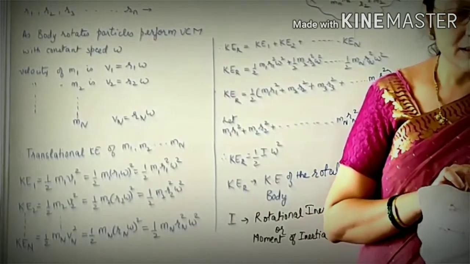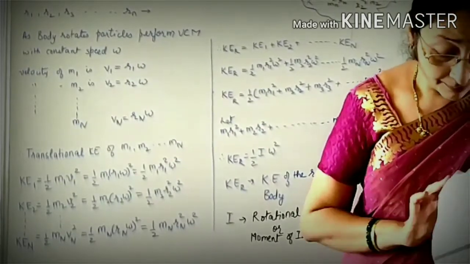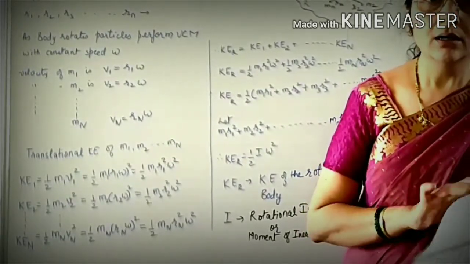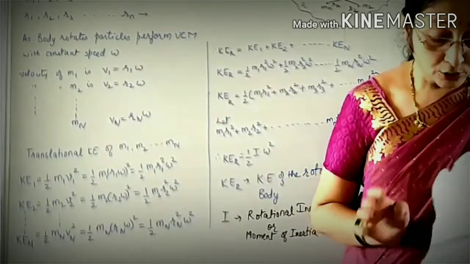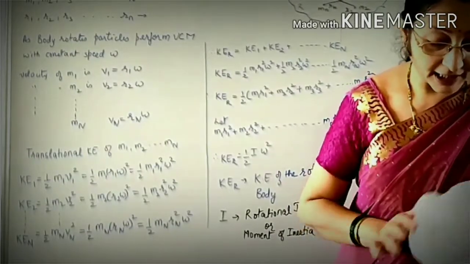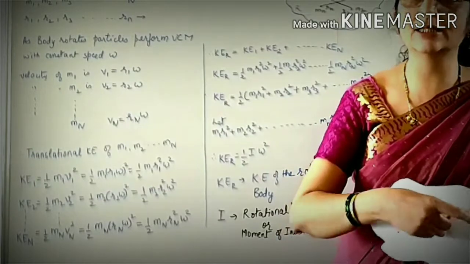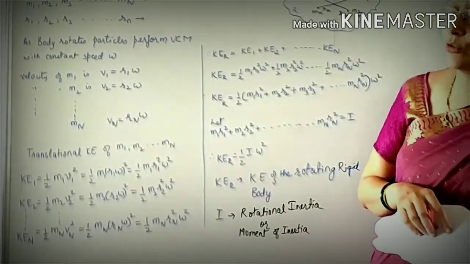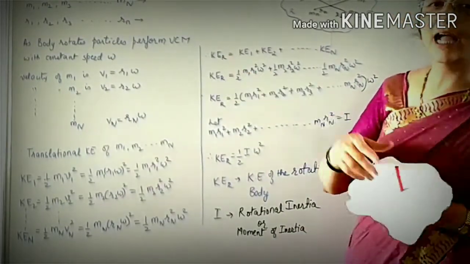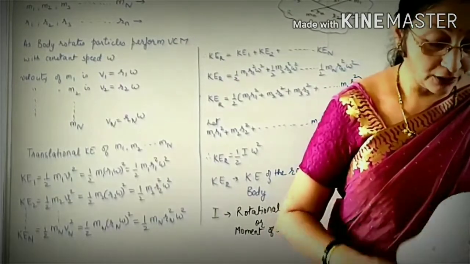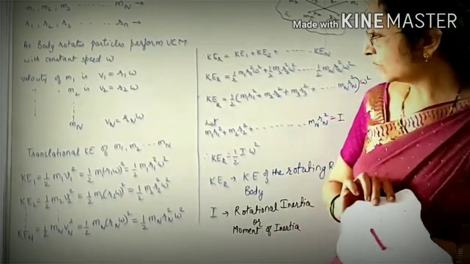But the motion is circular motion, and the body is rotating about this particular axis. So now we are going to calculate the kinetic energy of all the particles.